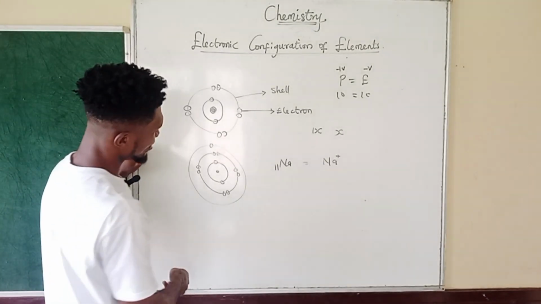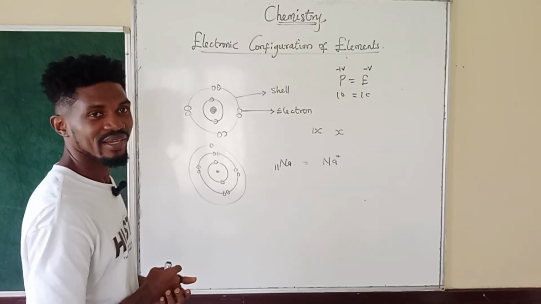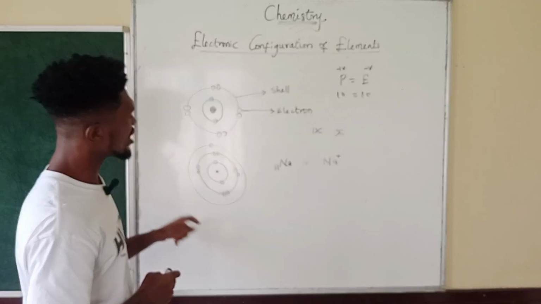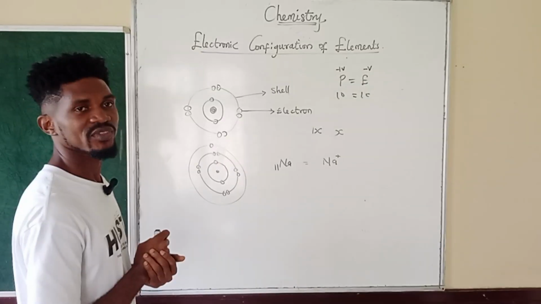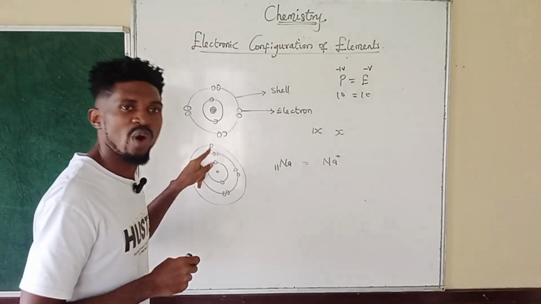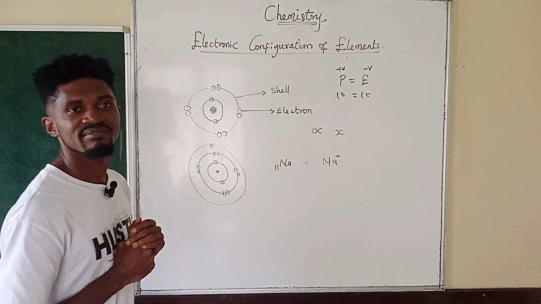It's supposed to be round. Don't mind the fact that it is looking this way. Okay. So as I mentioned earlier, this is the exact electronic configuration of sodium. Nothing more, nothing less. The valency is what? Plus 1. Why is it plus 1? Because it is having 1 outside.